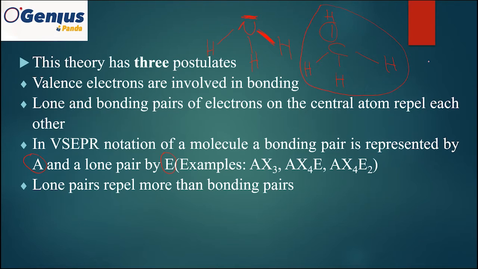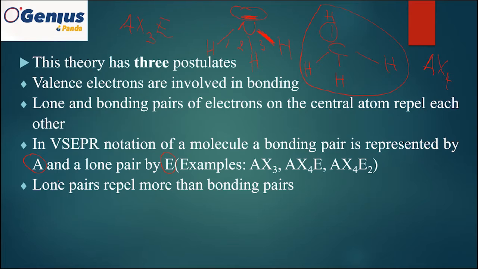Because there is no lone pair, the molecule is represented as AX4. But here we have 3 bonding pairs, 1, 2, and 3, so that is AX3, but there is also a lone pair. So we have E, AX3E.